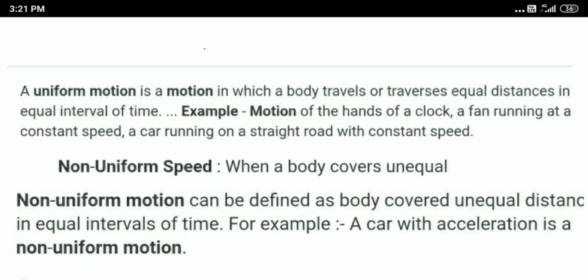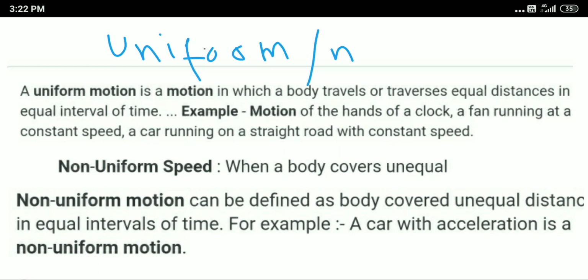Now coming to our first topic, that our video is about, uniform motion or non-uniform motion. Now how do we define it? How can we define uniform motion? We are talking about uniform speed, we are talking about uniform velocity.